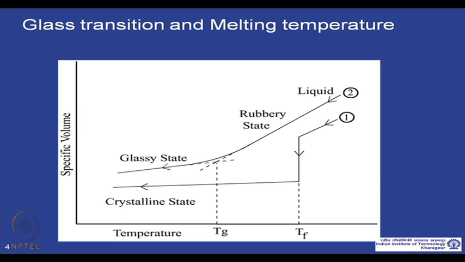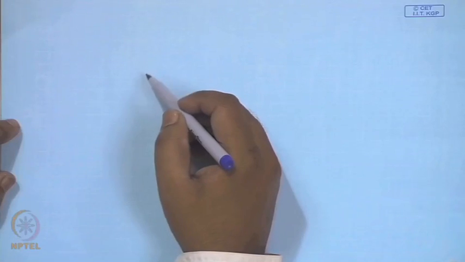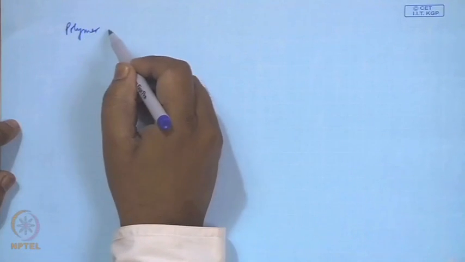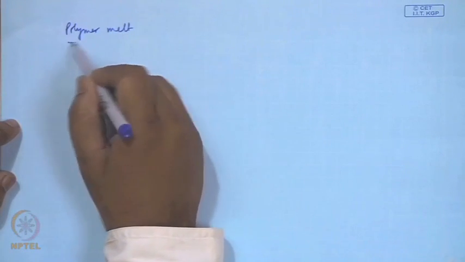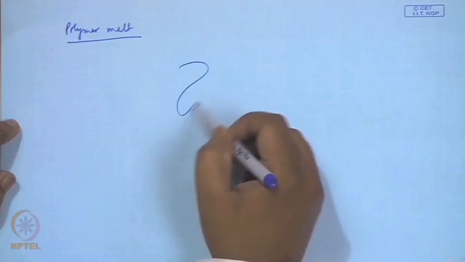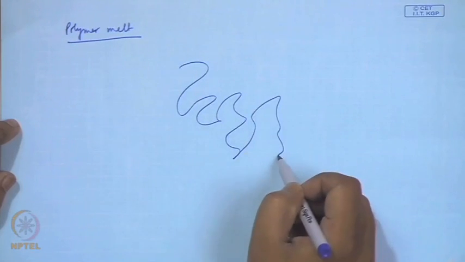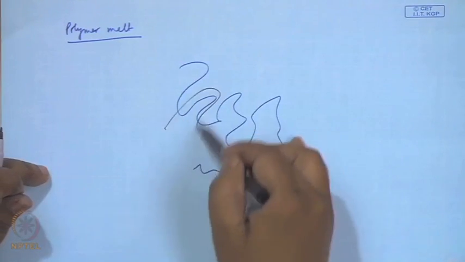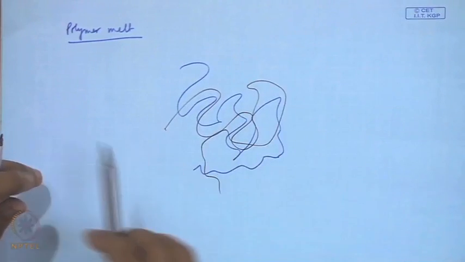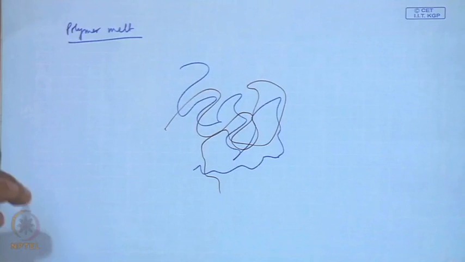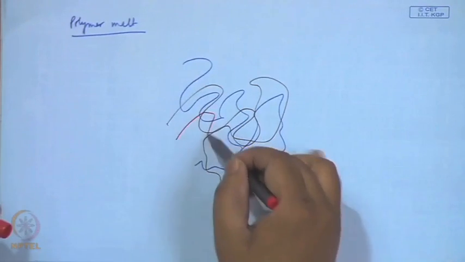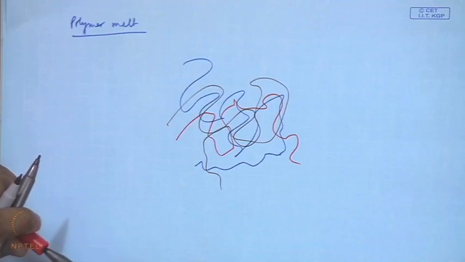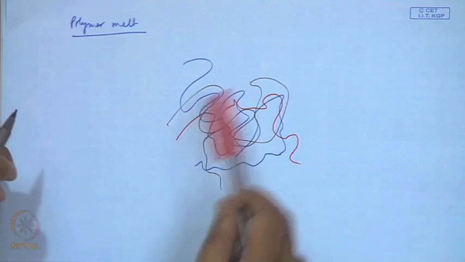Now, what happens in the case of a polymer? See, if I have a polymer melt, obviously there are many chains. So, I am drawing a few chains here with different inks. Just imagine these three are different polymer chains.